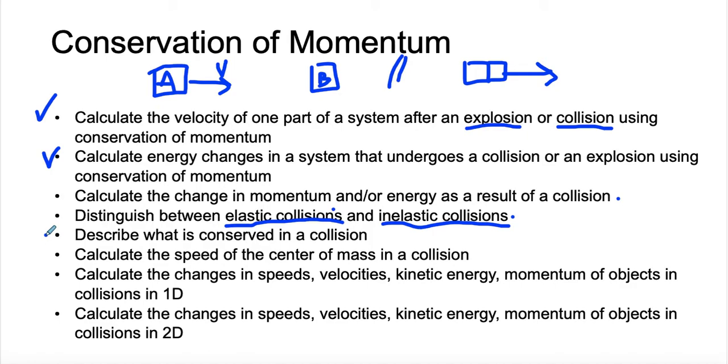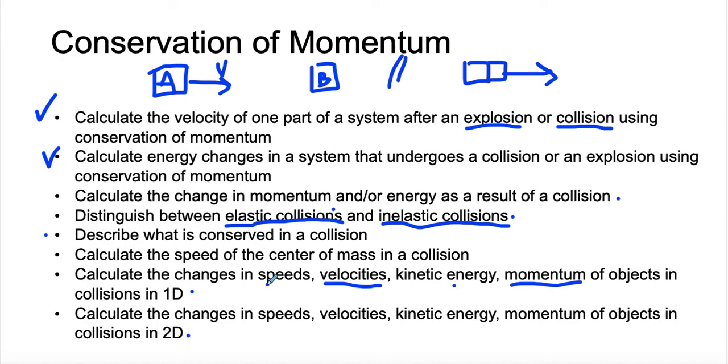Calculate the speed of a center of mass in a collision, kind of a similar thing to what we've talked about. And then 1D versus 2D collisions. In 2D, you need to consider the X's and the Y's. In 1D, you're just looking at those different things. Velocity and momentum are vector quantities, so direction matters if it's going in the positive direction or in the negative direction.